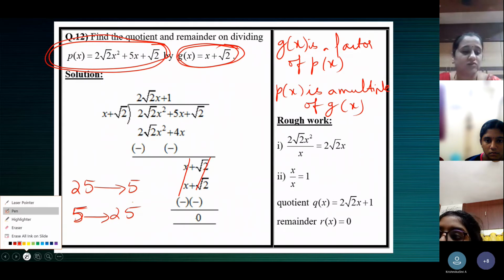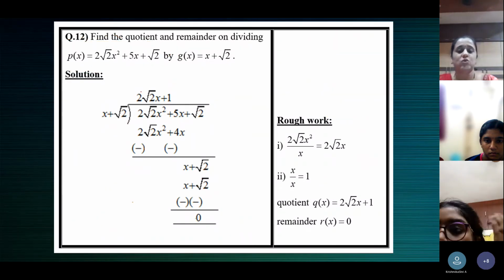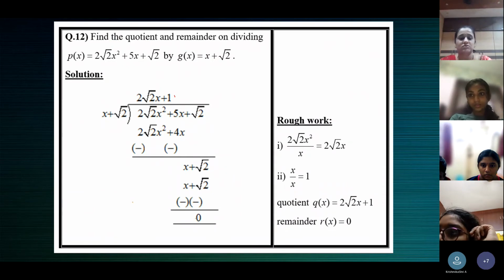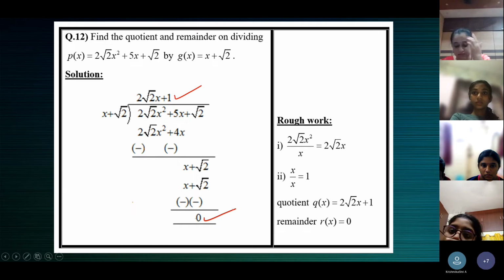Anyways, we don't have to write those conclusions here. We just have to find the quotient and remainder. So the quotient is this expression and the remainder is 0. Quickly write down, children, if you have not completed.